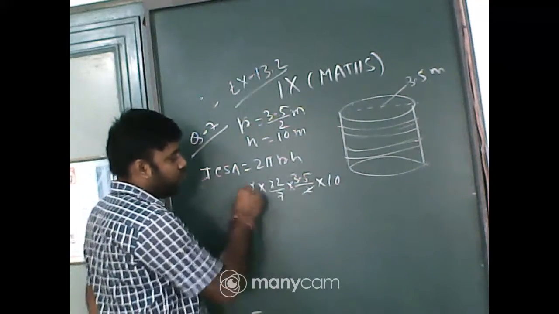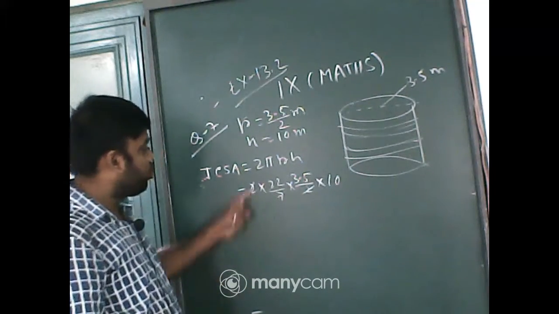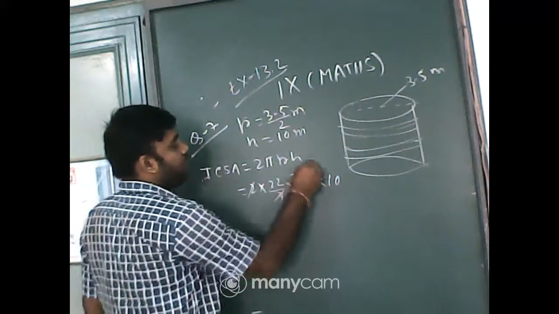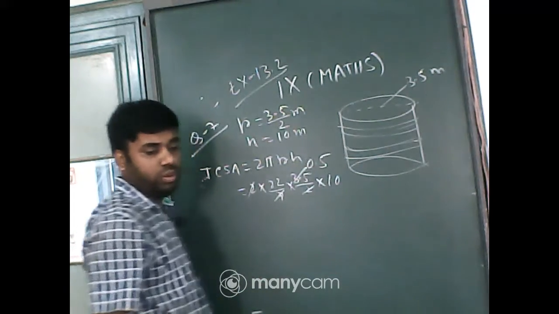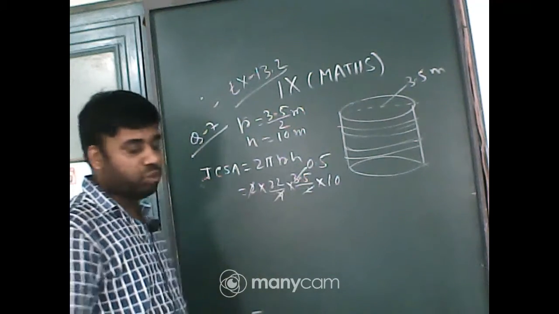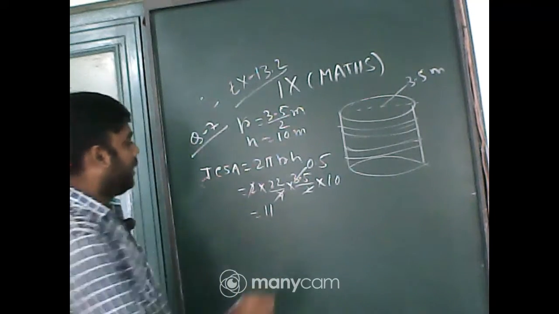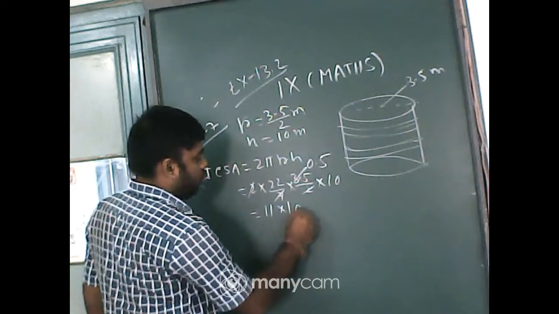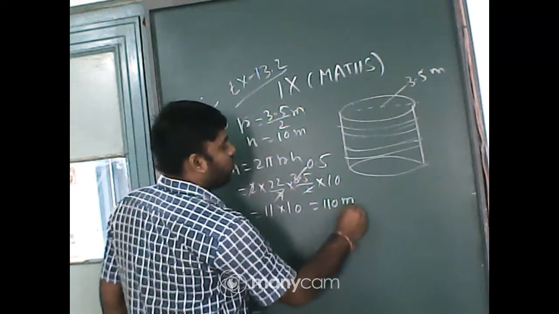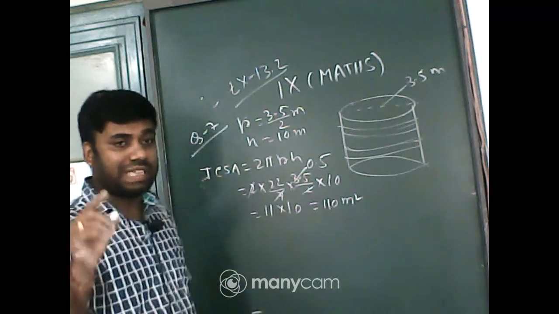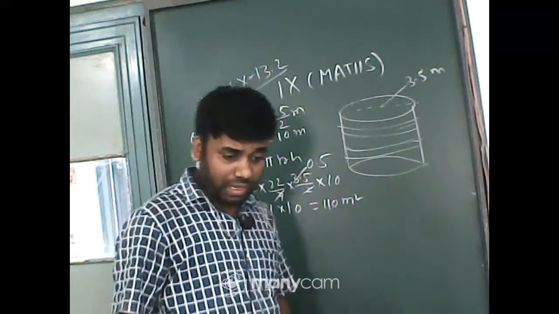Now to remove this 2 and this 2, remove 7, that will be 0.5. 0.5 into 22, that is 11, and into 10, so 110 meter square. So inner curved surface area is 110 meter square.